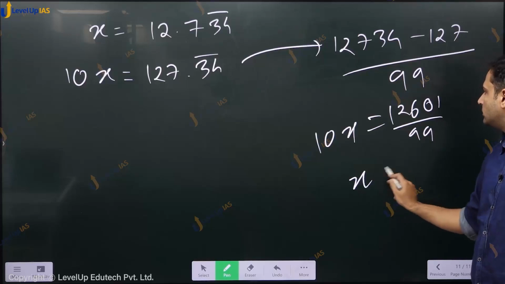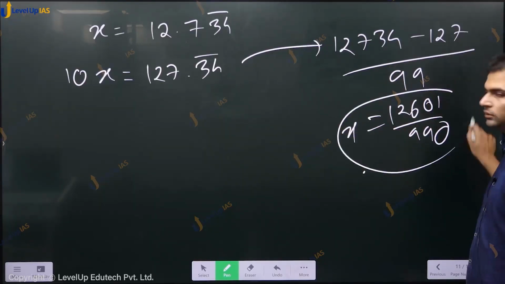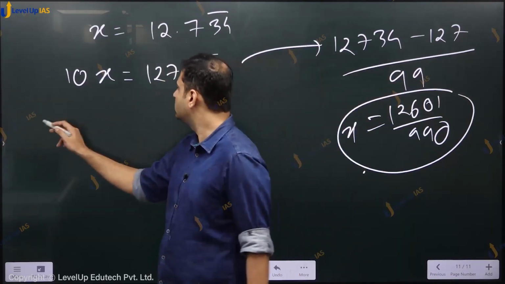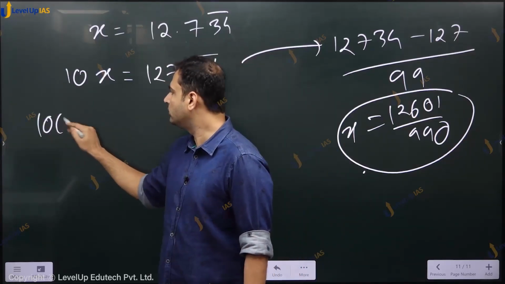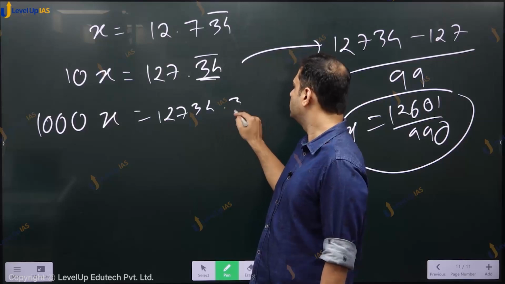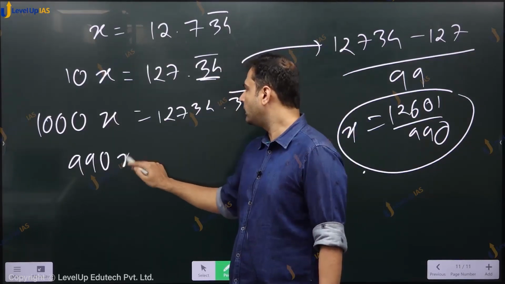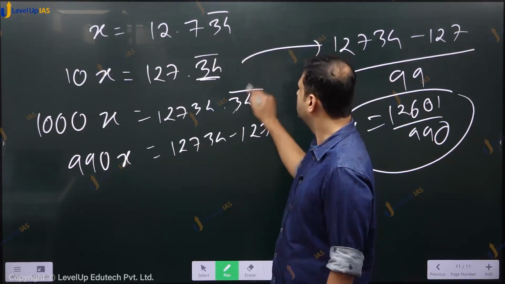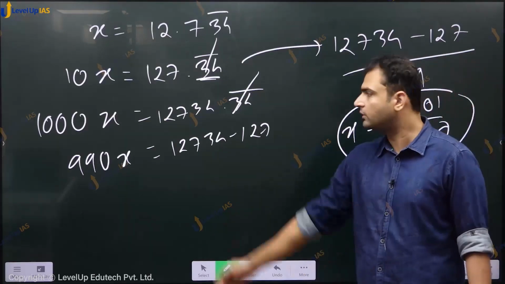So x is equal to, you can just divide it by 10. That will be your answer. Also you can do, now from here you can multiply it by 100, you will get 1000x is equal to 12734.34 bar. When you subtract, you will get 990x is equal to 12734 minus 127. This gets cancelled and you get the same answer after one extra step.